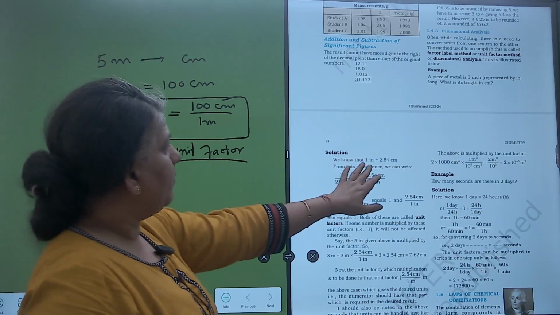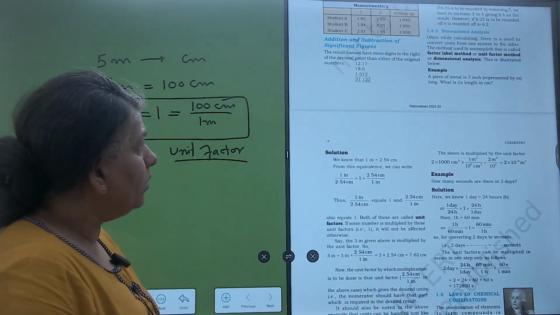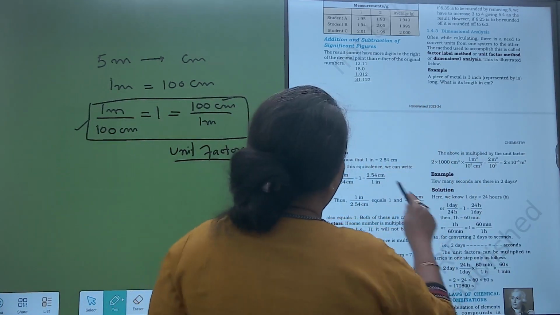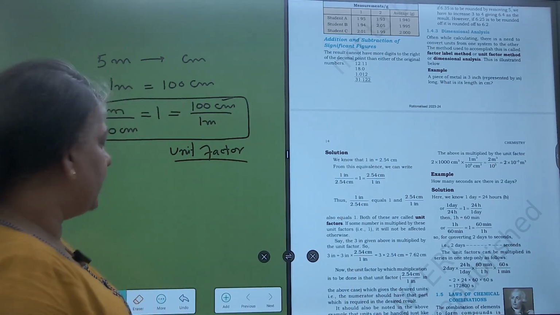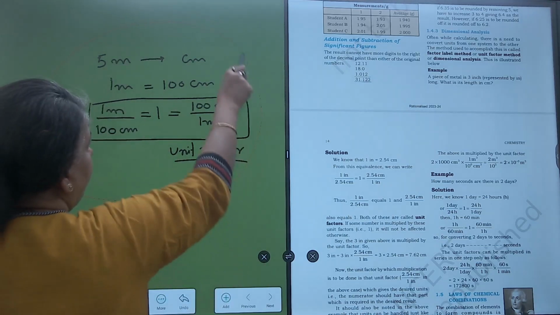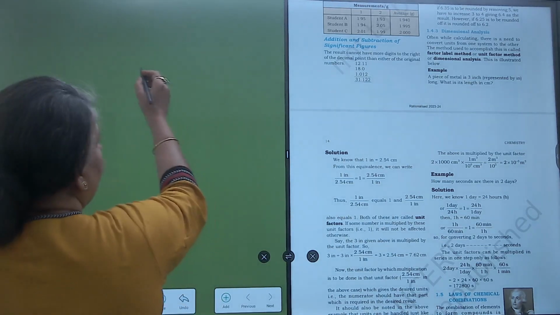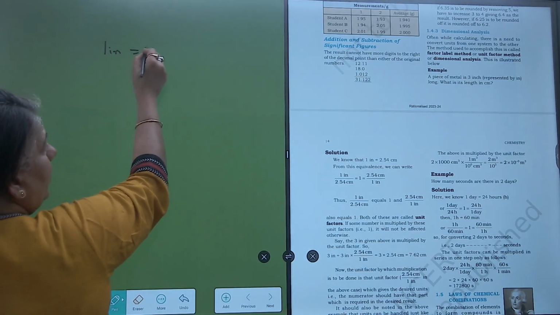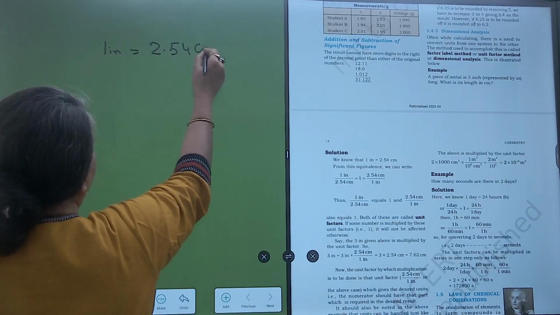Similarly, this example is taken: convert 3 inches into centimeter. Here again our conversion factor is that 1 inch is equal to 2.54 centimeters. Now 1 inch is equal to 2.54 centimeter.